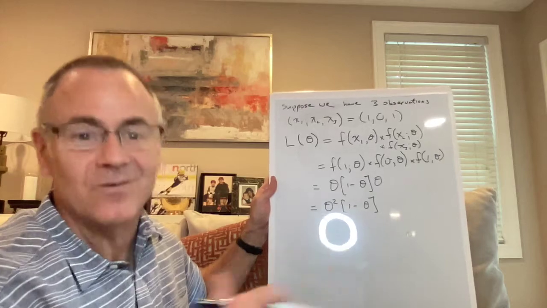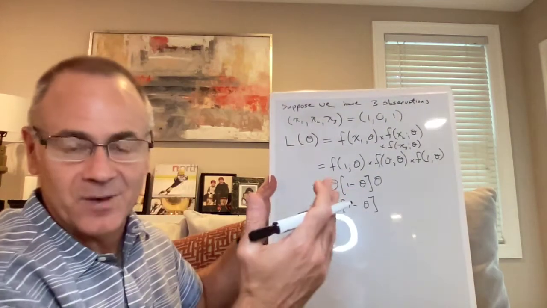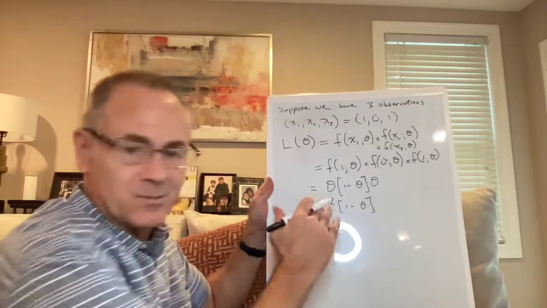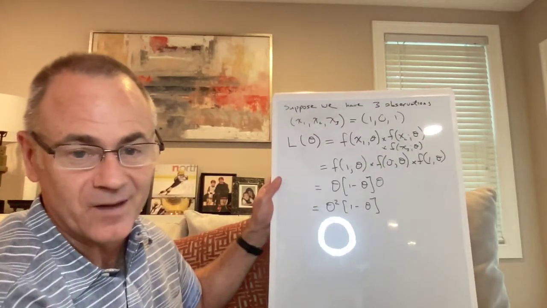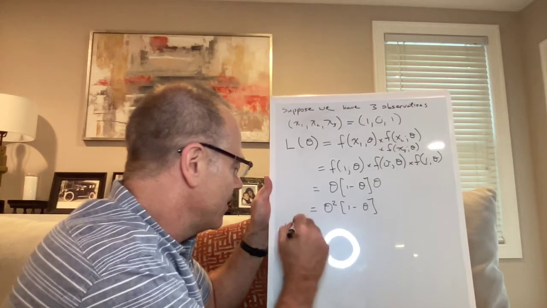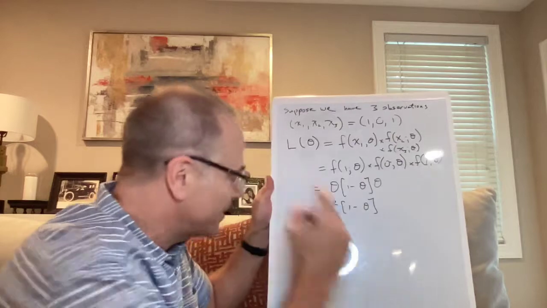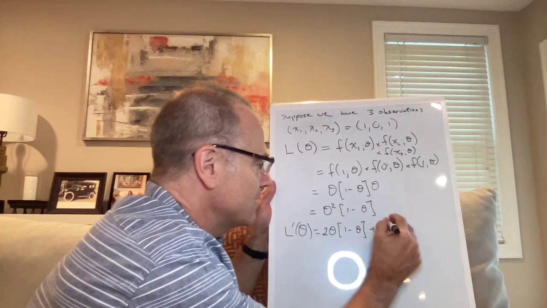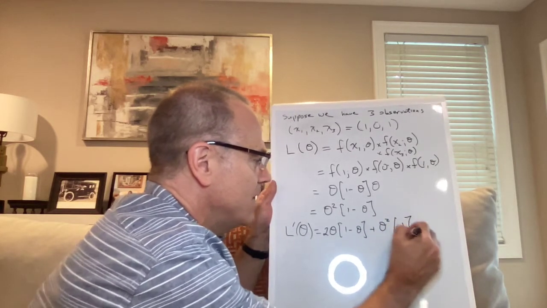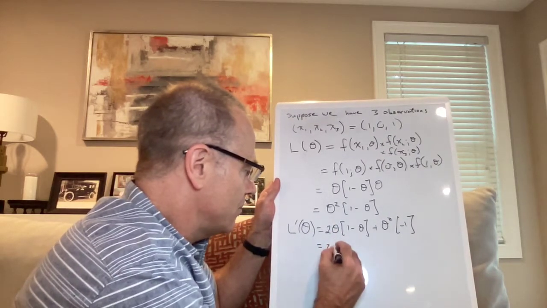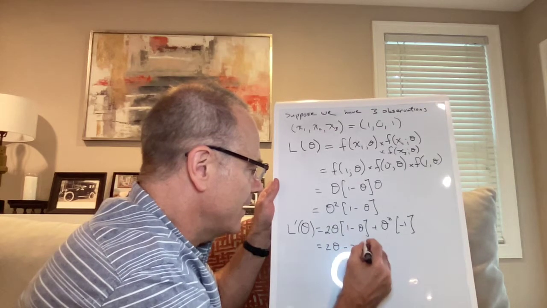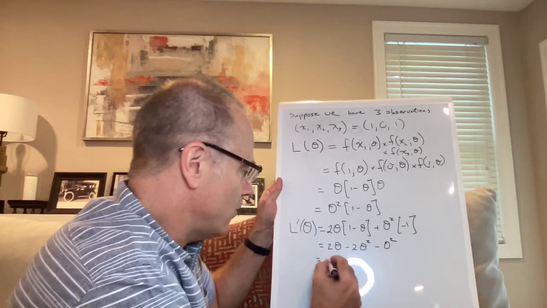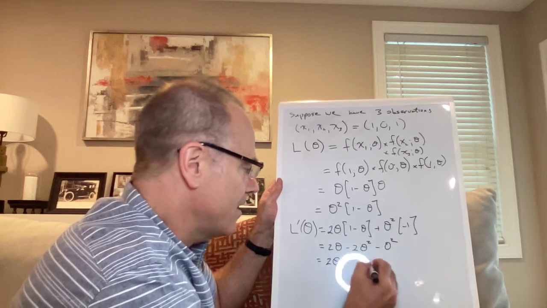If it's going to be the maximum, the derivative has to equal 0. Using the product rule, the derivative of L equals 2 times theta times 1 minus theta plus theta squared times negative 1, which equals 2 theta minus 2 theta squared minus theta squared, which equals 2 theta minus 3 theta squared.